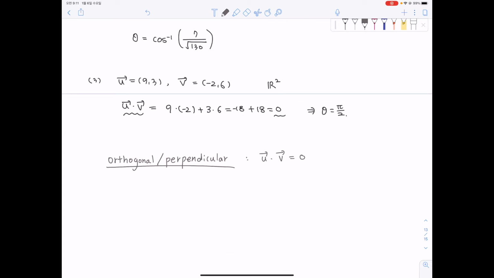Okay, and also if you want to check whether two vectors are parallel, then you need to check only this. Okay.